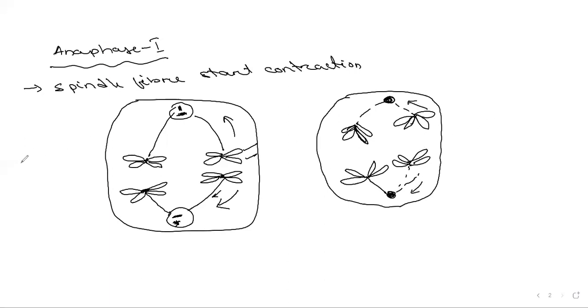Before, the cell had 4 chromosomes. Now the cell has 4 chromosomes, but in this anaphase, what will happen? The spindle fiber starts contraction, and each homologous chromosome moves towards each pole.